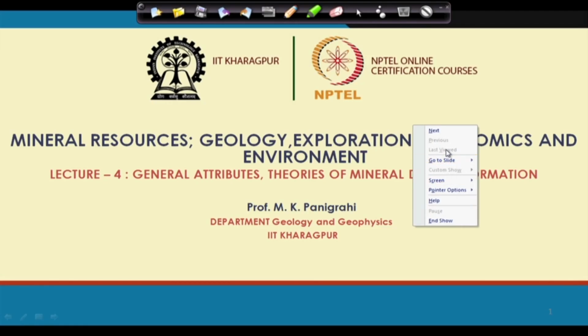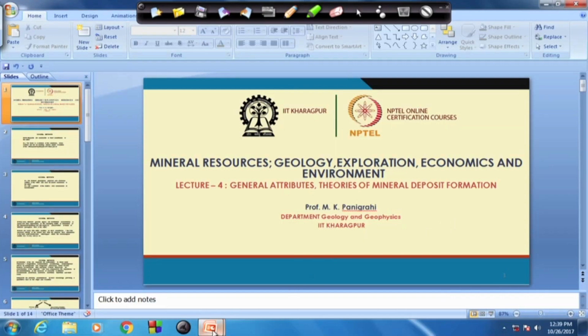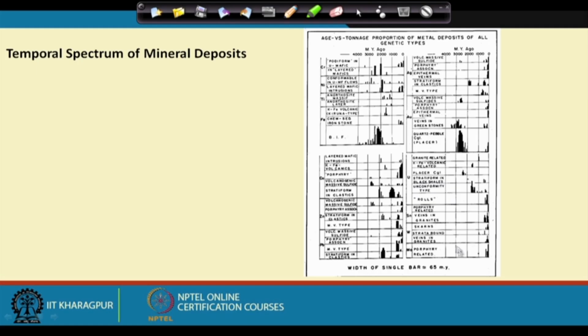I would like to just go back to what we discussed, and note a couple of points again. In addition to what we discussed about the correlation of the occurrence or formation of these mineral deposits to the irreversible evolution of the hydrosphere and atmosphere in terms of the oxidation state of the atmosphere, we can have some quick looks.